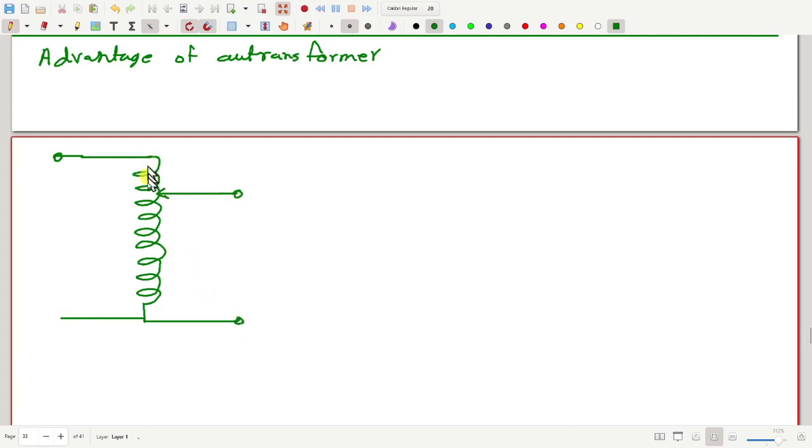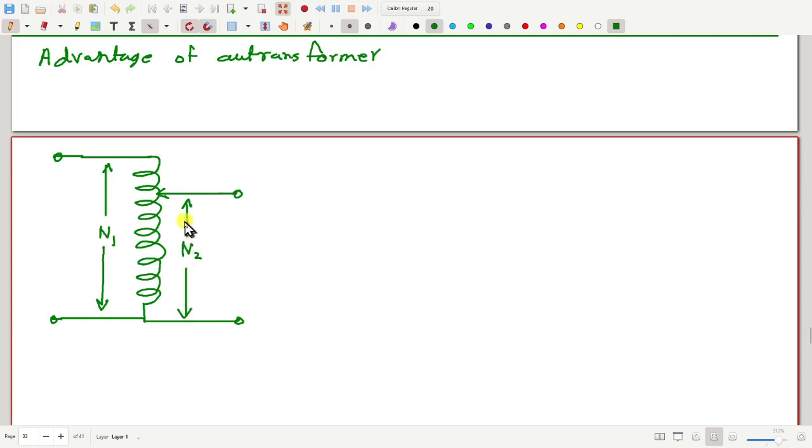Now what is the turns ratio of primary to secondary? If this part is small, then the turns ratio will be almost close to 1. Suppose this is N1 and this is N2.